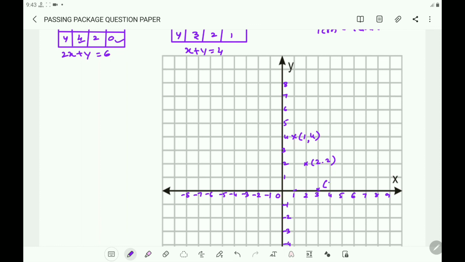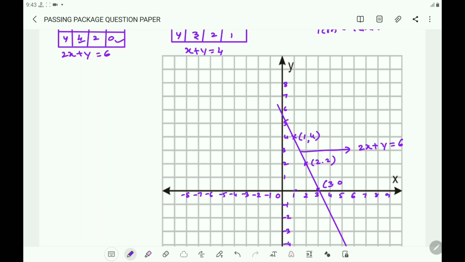X 3, y 0. So you can join these 3 points to get a straight line. You got a straight line which passes through these points, and this is the graph of 2x plus y equals 6.